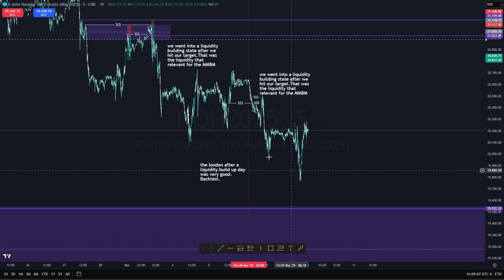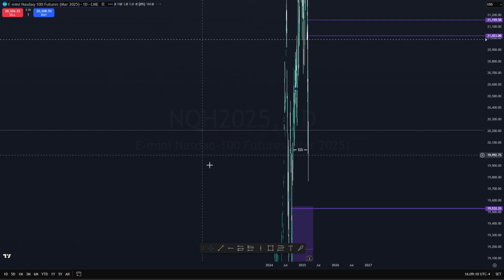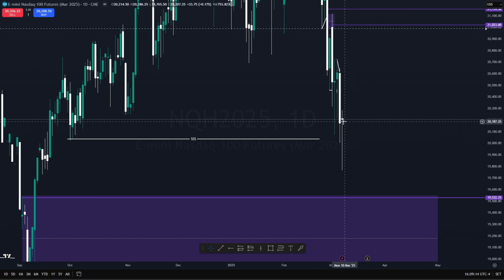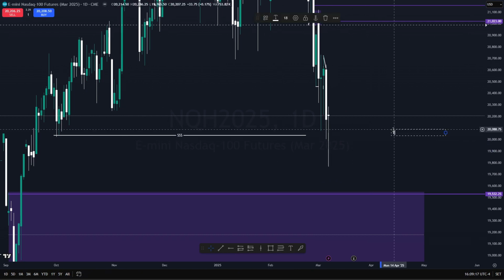And good trading. What can we say about next week? Probably need some more liquidity. If I'm going to predict precisely what happens, we build up liquidity till Wednesday, to CPI, manipulation towards the downside, into a higher time frame order block. Then the real draw of the week begins, which is bullish.